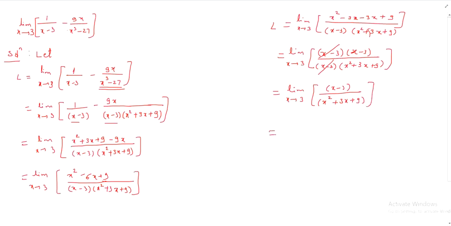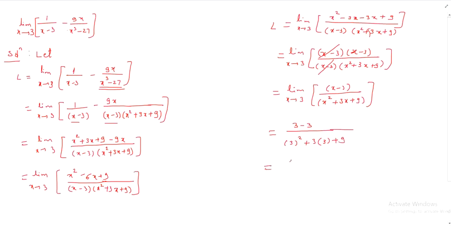Now if you look at the denominator, there is no term due to which the denominator becomes 0. So taking the limit directly, 3 minus 3 upon 3 square plus 3 into 3 plus 9.